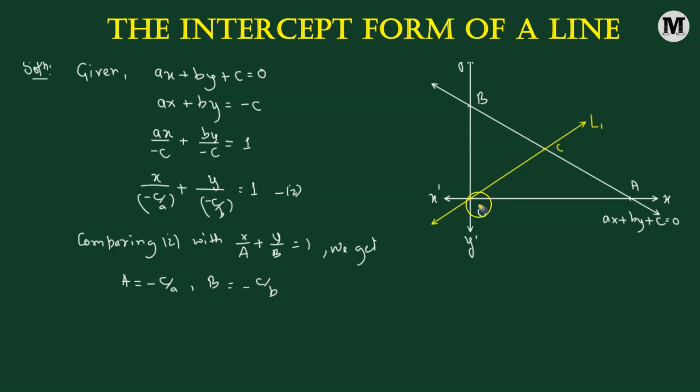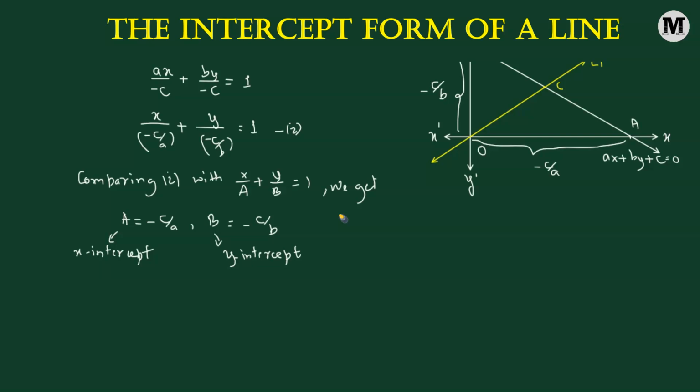In other words, the x-intercept value, because a corresponds to the x-intercept, comes out to be negative c over a, and the y-intercept value, with b representing the y-intercept, is negative c over b.